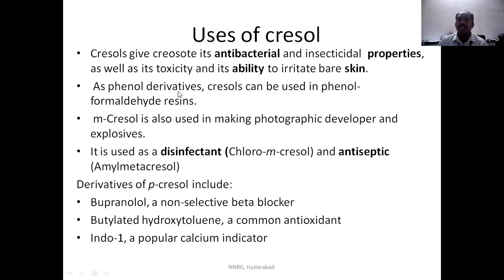As a phenol derivative, cresol can be used in phenol formaldehyde resins. Bakelite synthesis can be done from cresol also.